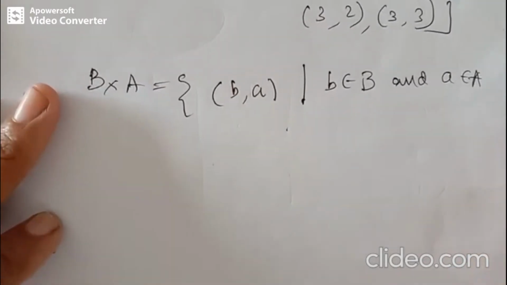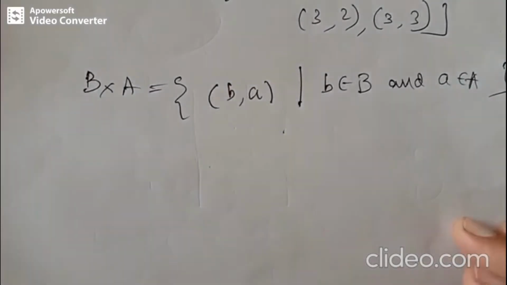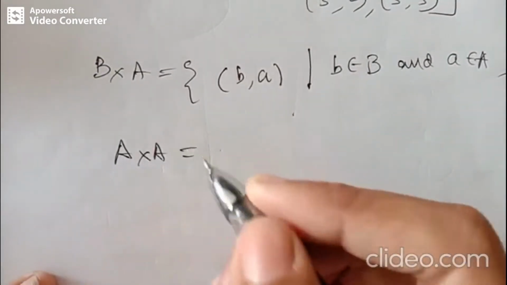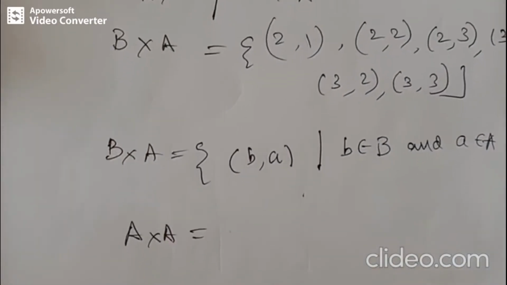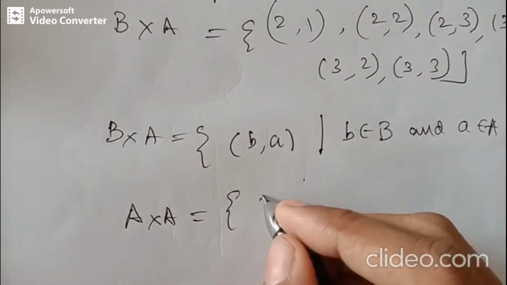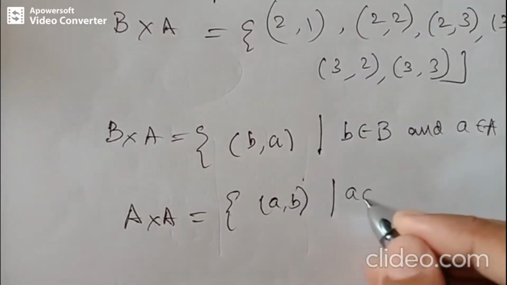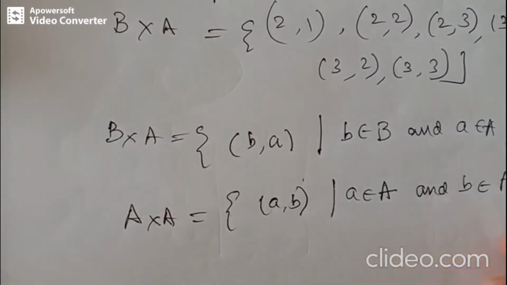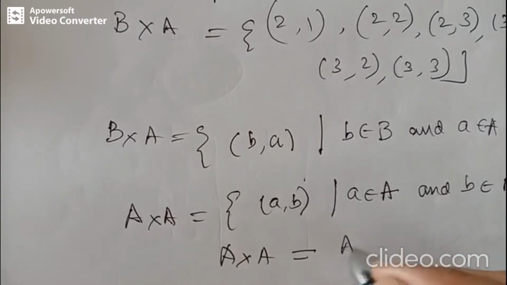And if we compute the cross product of A with A, it is similar to taking the same set again. It is the ordered pair (a, b), where a belongs to A and b belongs to A itself. A cross A is nothing but denoted by A squared.